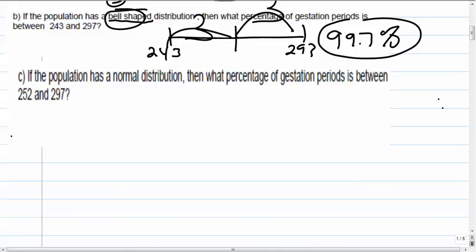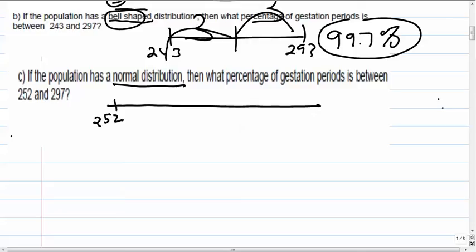In the next one, we're now going to a normal distribution. When we're working with a normal distribution, we're talking probabilities, we want to convert to z-scores. In other words, again, we're talking about the percentage of data that's going to be between these two numbers here, 252 and 297.